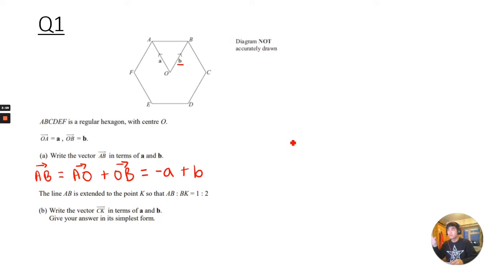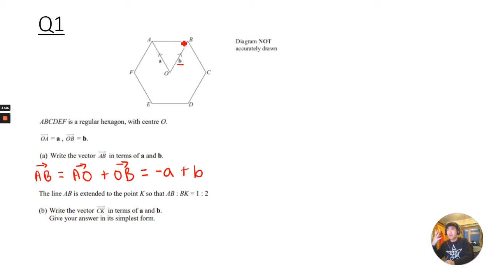That's the first part. Now, this next part says there's a line AB, which is extended to the point K so that AB to BK has the ratio 1 to 2. Okay, so the best thing to do here is to draw that line on your diagram or on paper.